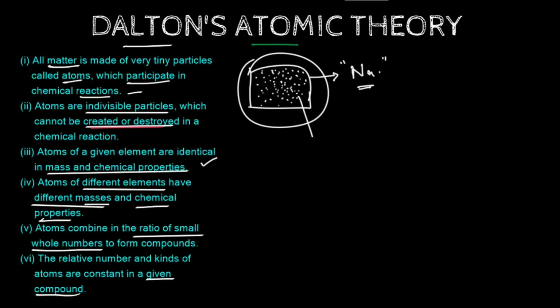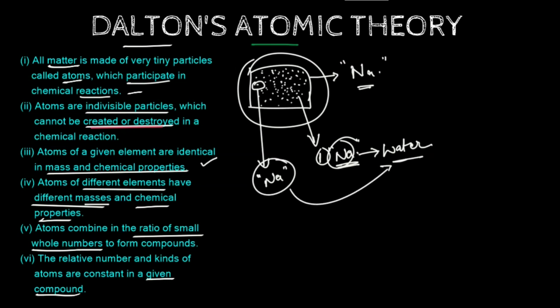If you take one single atom of sodium, that atom has the same property as a sodium atom taken from somewhere else. If you throw this atom in water, it catches fire. Likewise, that atom also catches fire if you throw it into water.